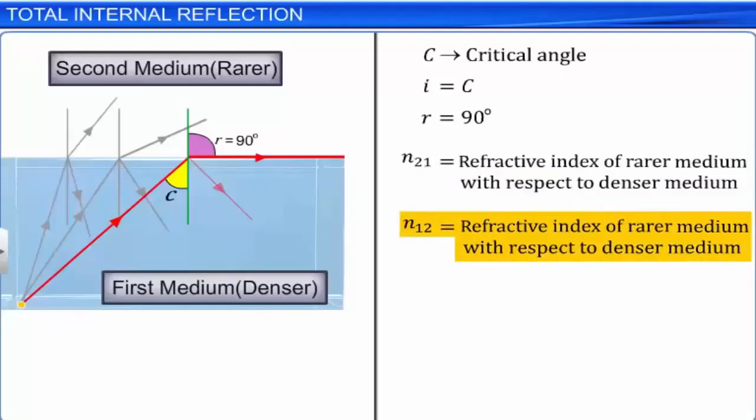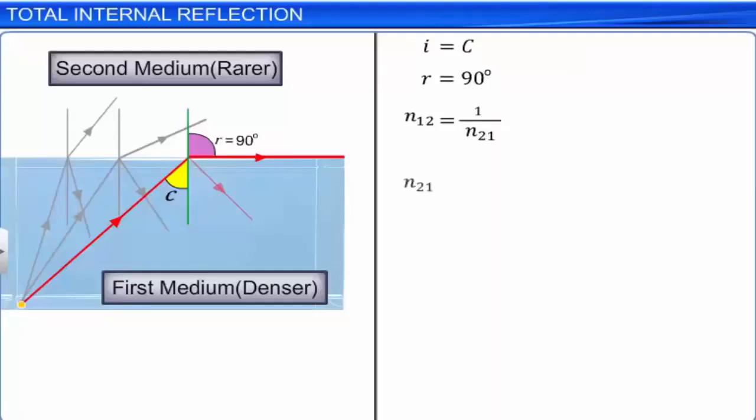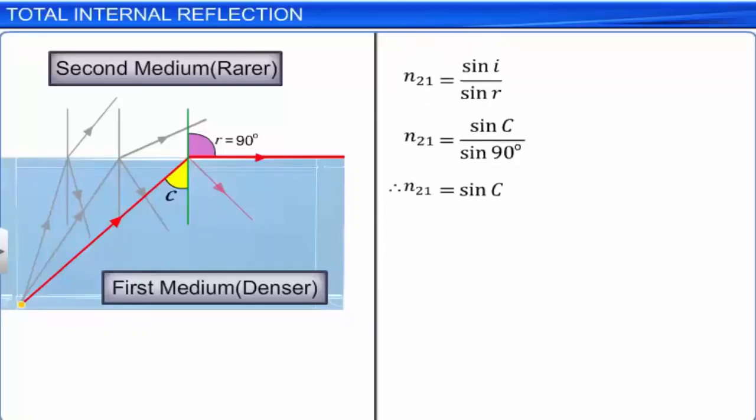As per Snell's law, n21 is equal to sin i by sin r, which is equal to sin C by sin 90. Therefore, n21 is equal to sin C, or n12 is equal to 1 by sin C. This means the refractive index of the denser medium with respect to rarer medium, n12, is equal to 1 by sin C.